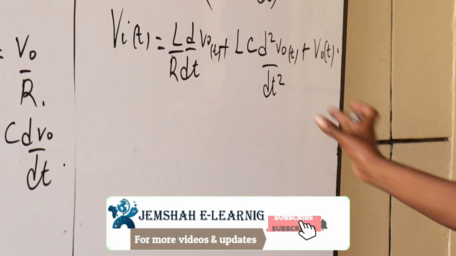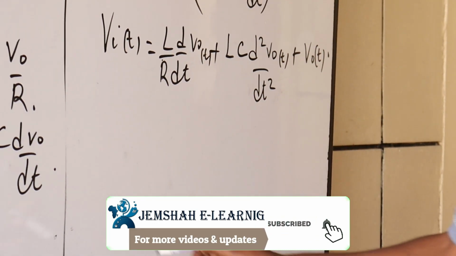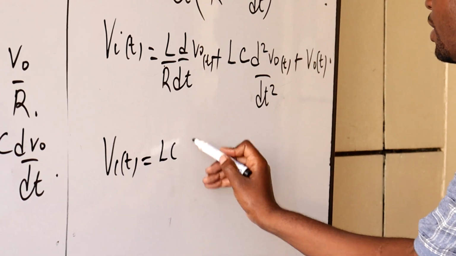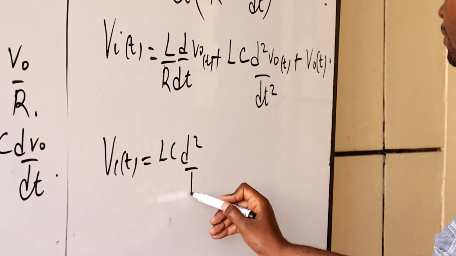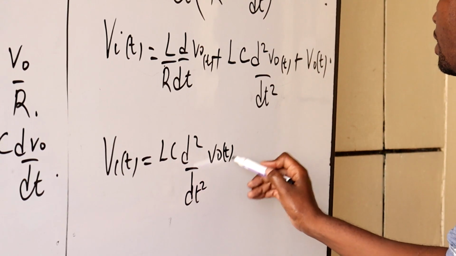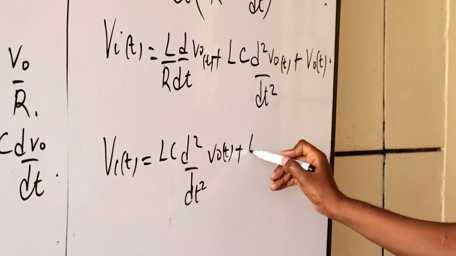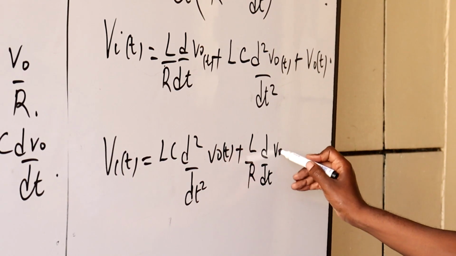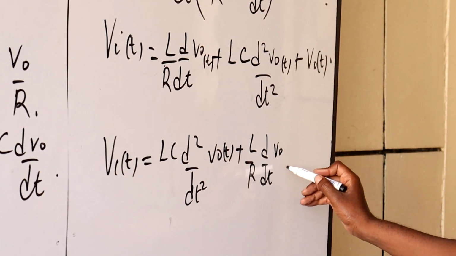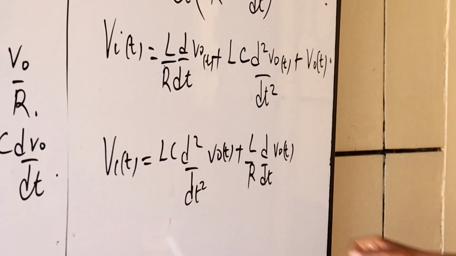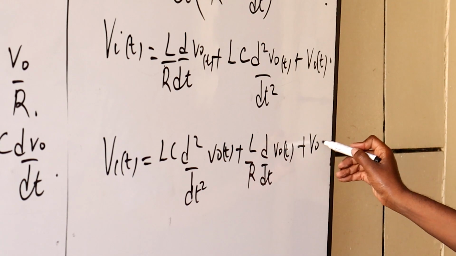Maybe we can rearrange. I like the highest order to be the first one, so we can have Vi of t is equal to L C d squared V out of t over dt squared, plus L over R d dt V out of t, plus V out of t.